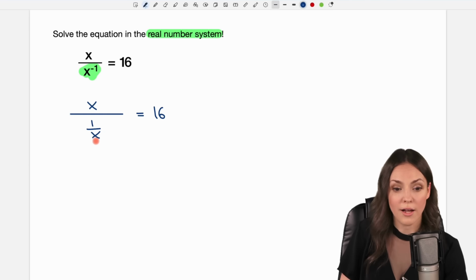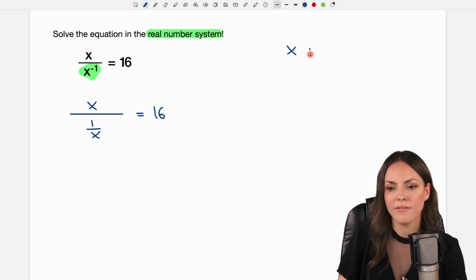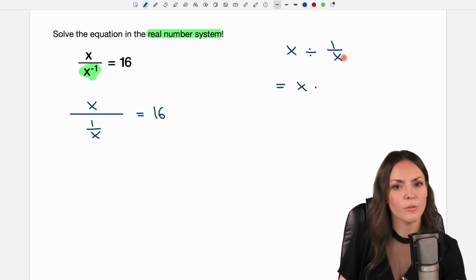Okay, so now we have a fraction on the left side, and we can simplify this because we have x divided by 1 over x. And instead of dividing by a fraction, we write down the x and we multiply by its reciprocal.